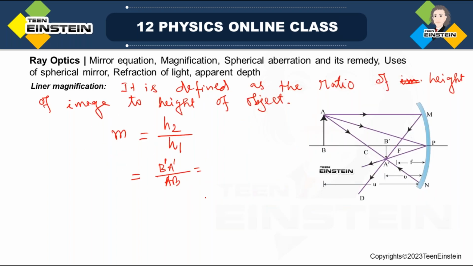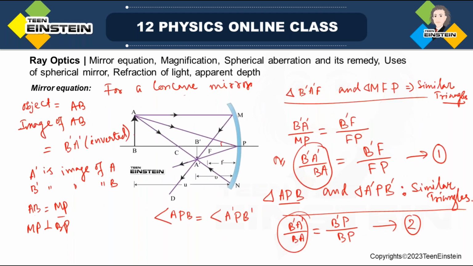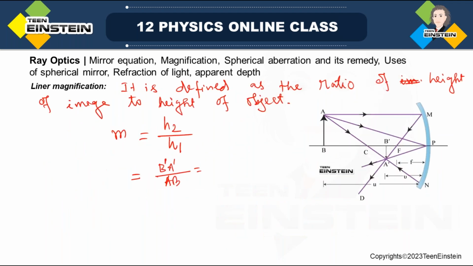B prime A prime by AB could be written as B prime P by BP, isn't it? So we'll go with that equation. You can write B prime P divided by BP.